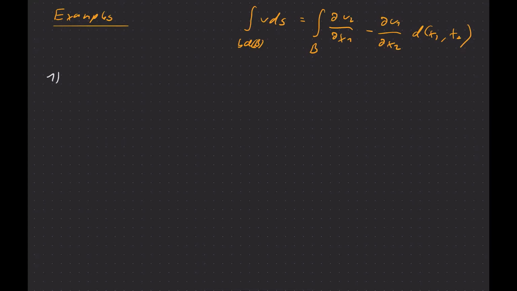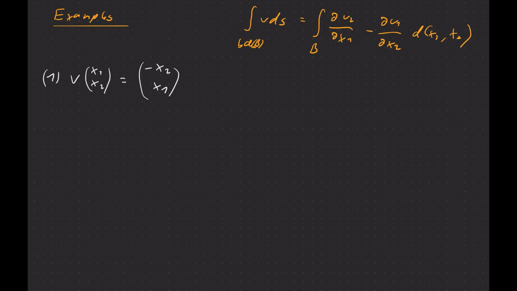For our first example we are going to consider a vector field in the plane. Remember, for Green's theorem we are always in the plane. It just works in R2, no higher dimensions here. We're just going to consider the rotation field that we know already. It's defined as minus x2 and x1.